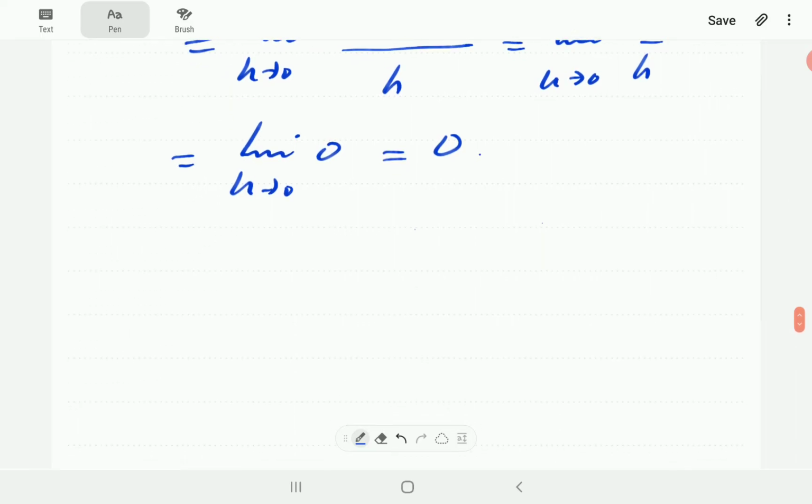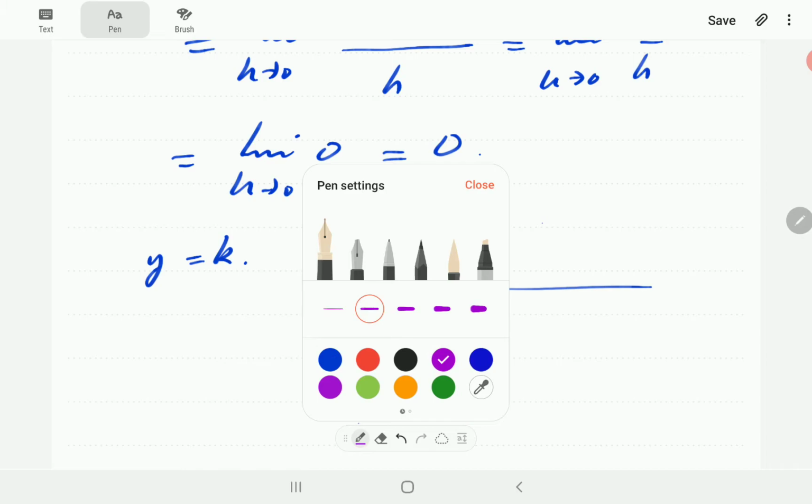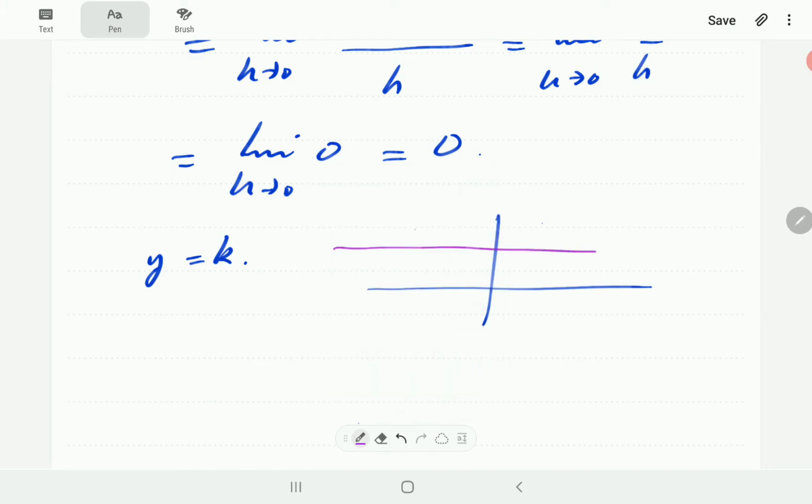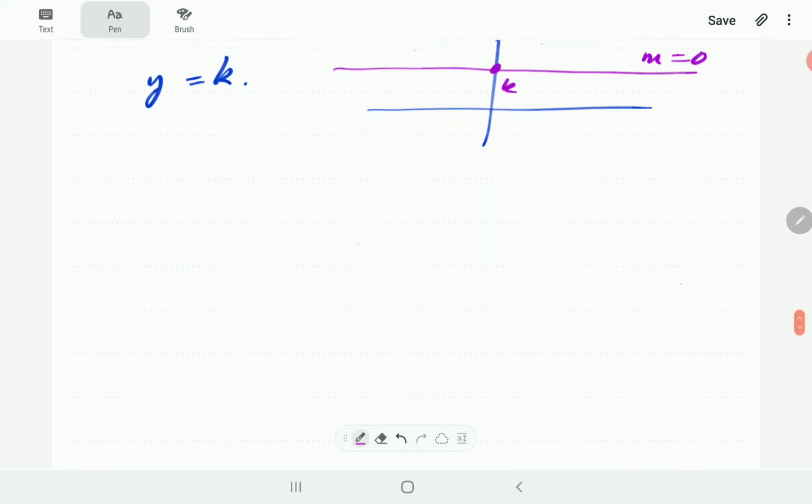That shouldn't really surprise us, because here we're dealing with y equals k, which is just going to be a horizontal straight line at y equals k, and as you can see the gradient of this line is 0, so that's why we are getting derivative is 0 there.